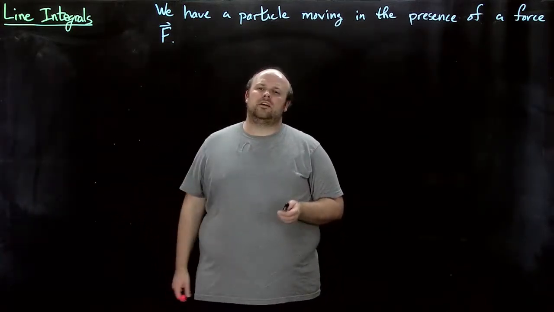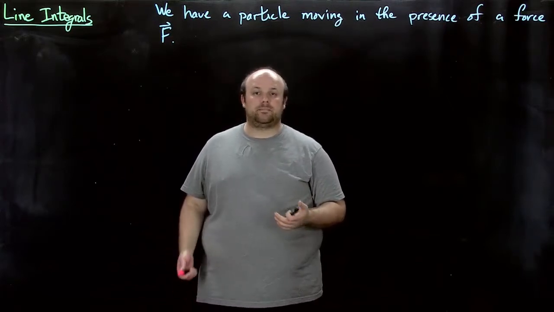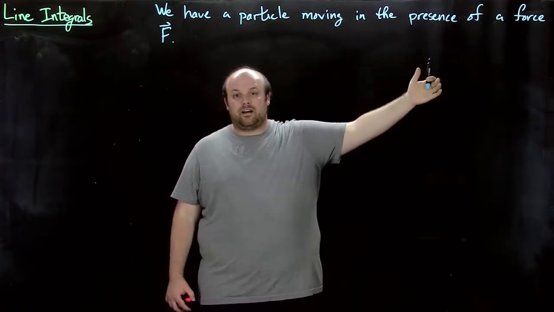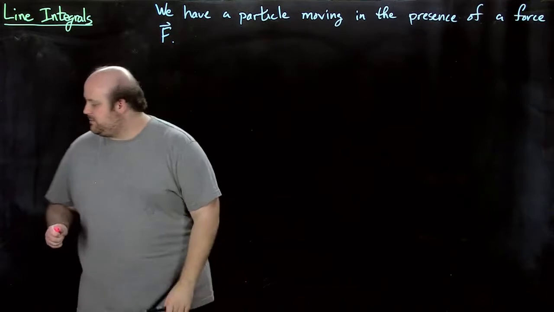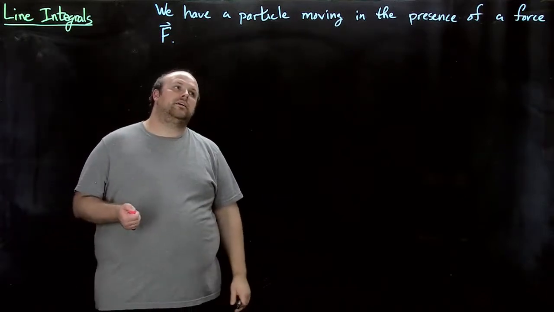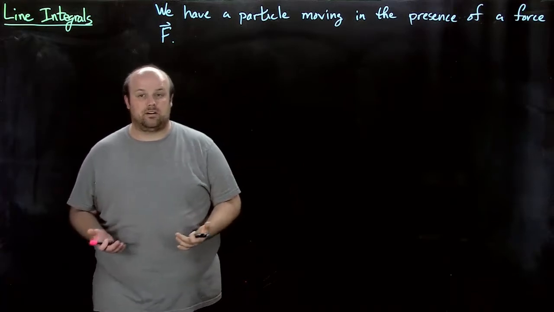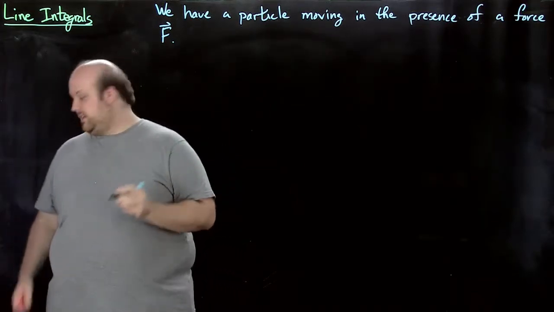But of course, most forces aren't constant, right? I mean, think of gravity. Gravity gets weaker as you get away from the planet or the object, right? So how do we do the work if we don't have a constant force, right?